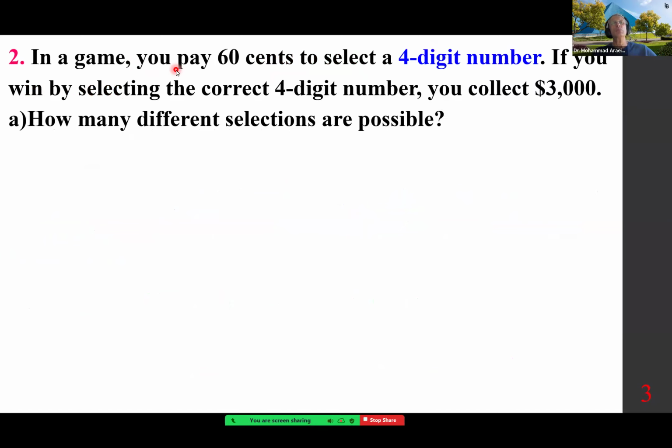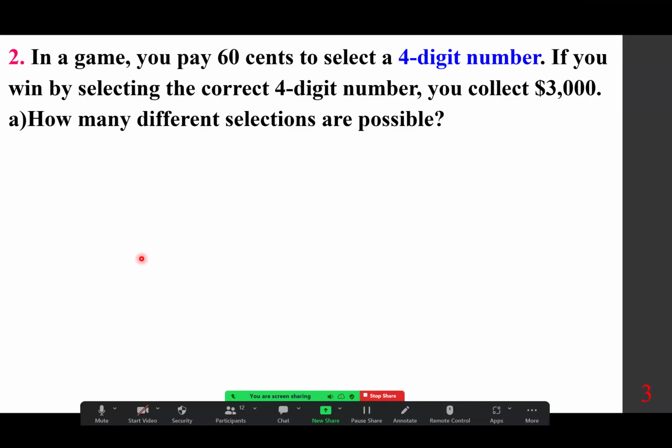In a game, you pay 60 cents to select a 4-digit number. If you win by selecting the correct 4-digit number, you collect $3,000. How many different selections are possible? Well, we have 10 digits from 0 to 9. So n, the number of digits, is 10 because we go from 0 to 9.